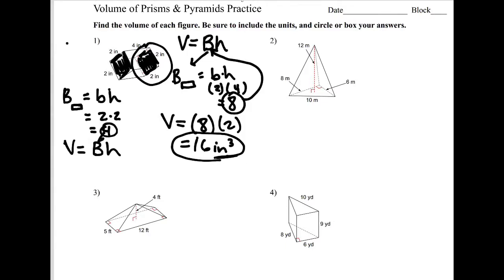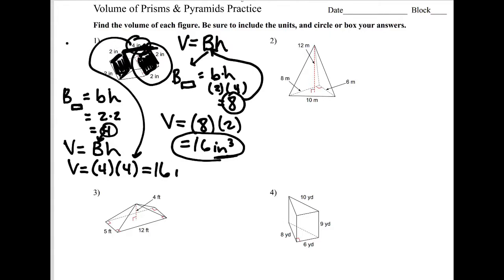So 4 would be put in place of big B. So volume equals 4. Now, if we shaded that side, then you have to realize that this prism would then be sitting on its side. So the height of the prism would basically be that edge right there. It's kind of like if it was sitting straight up, it'd be 4 inches tall. So that 4 inches is our height. And notice you still get 16 inches cubed for the volume.